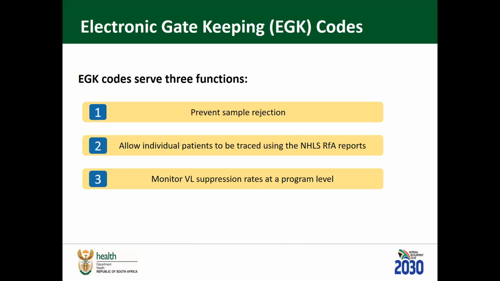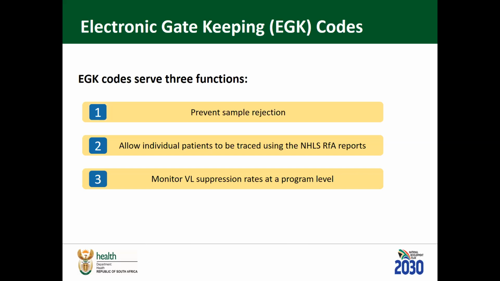So the opportunity was taken to leverage these codes. If the codes are being put on the forms and they're being captured, then we actually can leverage that as a marker of maternity. And if it's being used effectively, we can then monitor the uptake of viral load testing at time of delivery, as well as monitor maternal suppression.